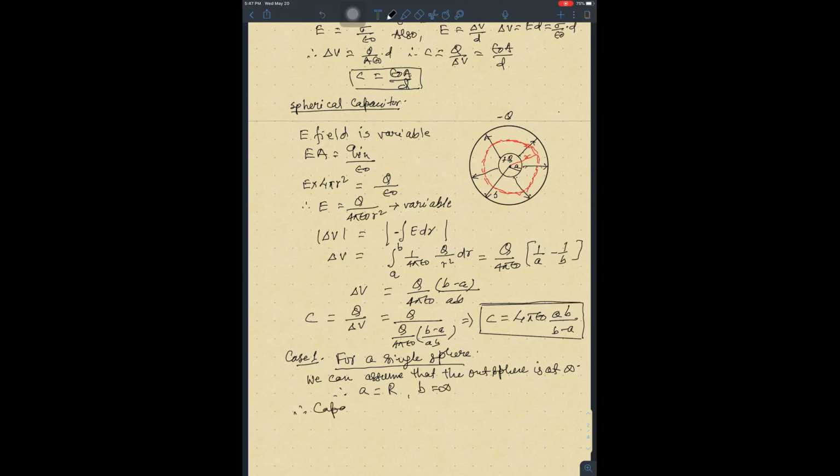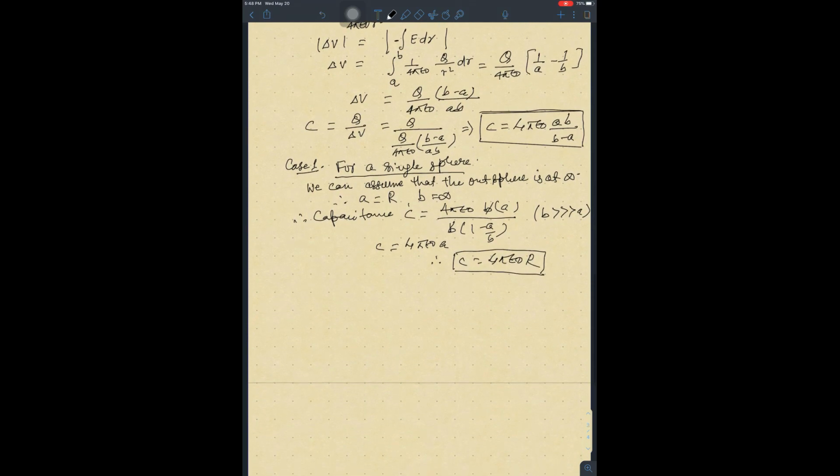Hence capacitance C is equal to 4 pi epsilon naught B into A by B. Taking B common, 1 minus A by B. This A by B will cancel because B is greater than A. So C is equal to 4 pi epsilon naught A, but A is R, so C is equal to 4 pi epsilon naught R. This is the formula for a single sphere.